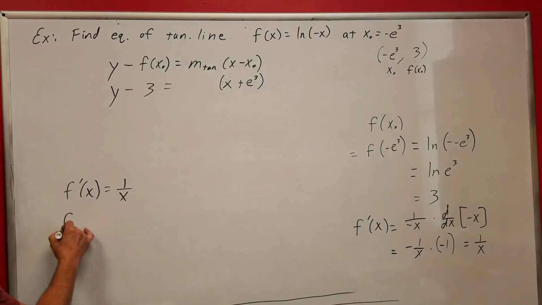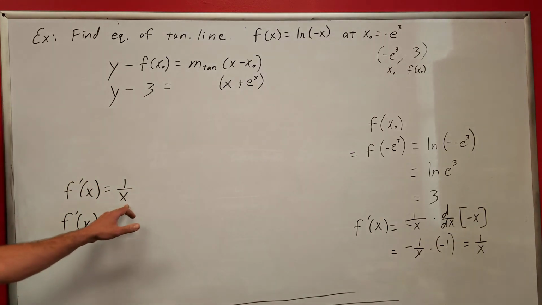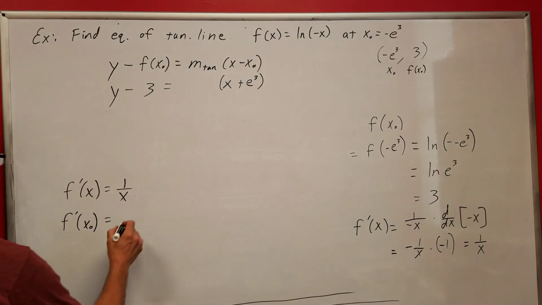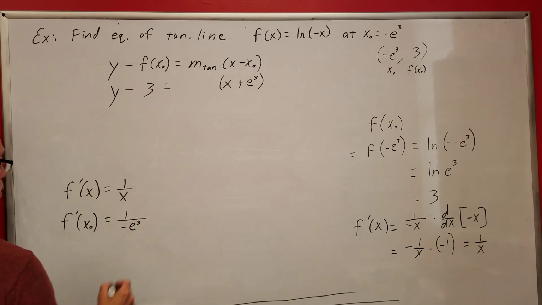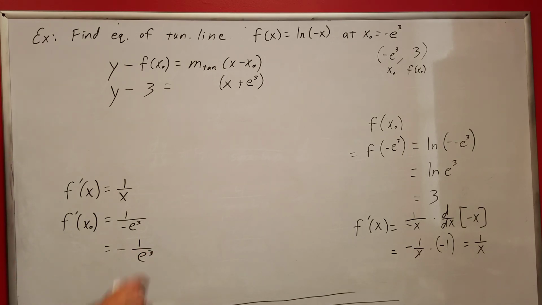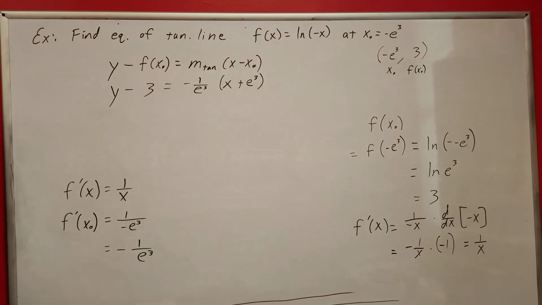So what is f prime at x naught? Wouldn't that be subbing this value in for this x? So 1 over negative e cubed. And I guess I could write that as negative 1 over e cubed like that. So that's m tan, negative 1 over e cubed.